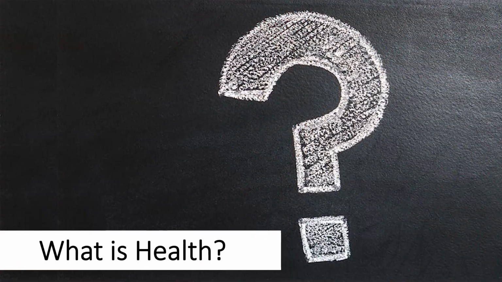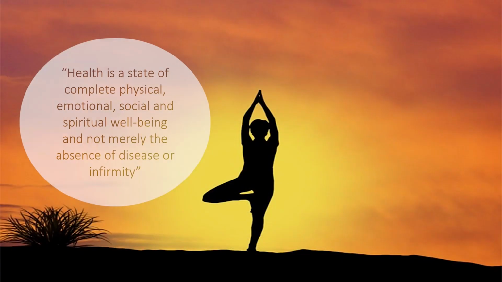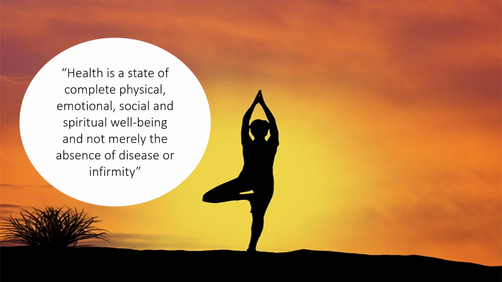So the defining parameter is to maintain good health. How do I define good health then? Well, as defined by the World Health Organization, WHO, health is a state of complete physical, emotional, social, and spiritual well-being, and not merely the absence of disease.